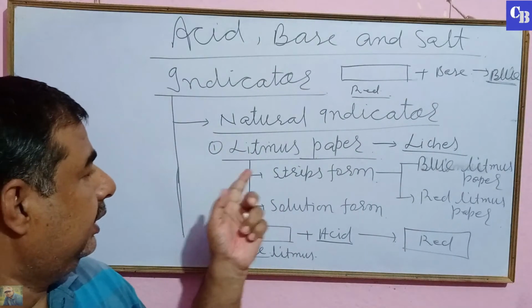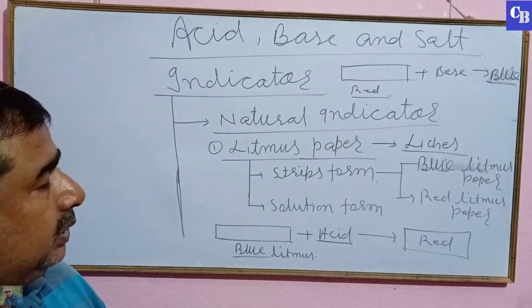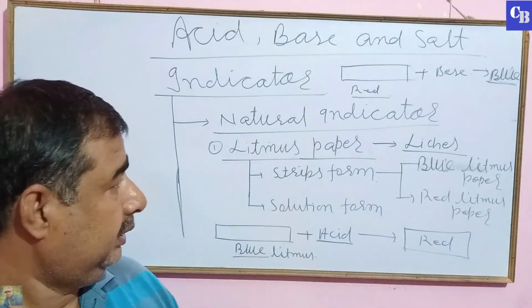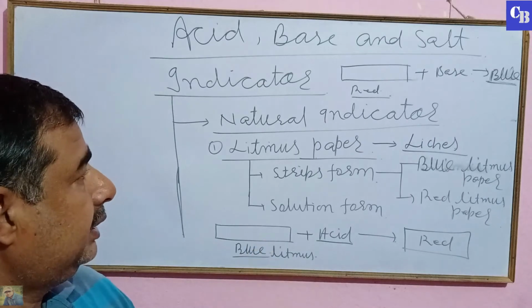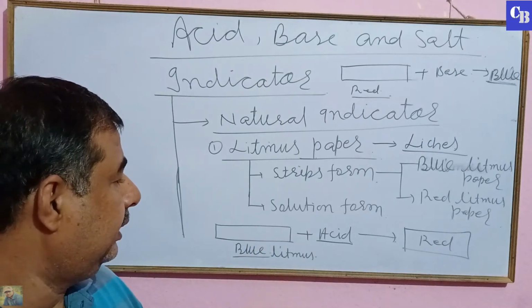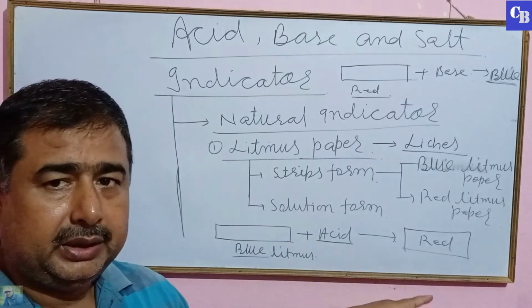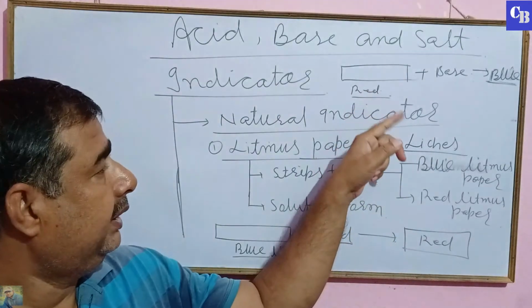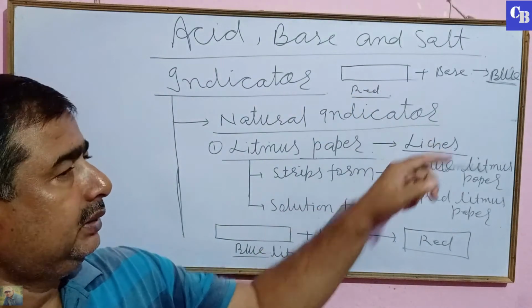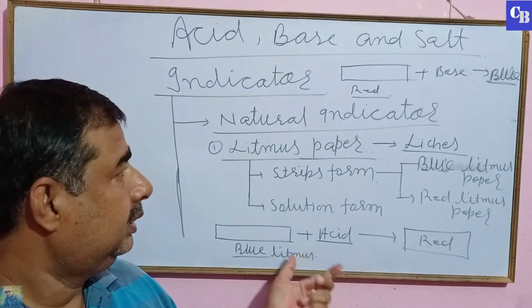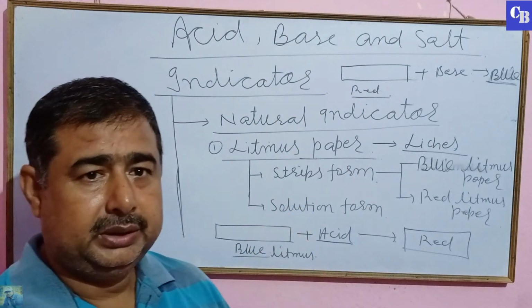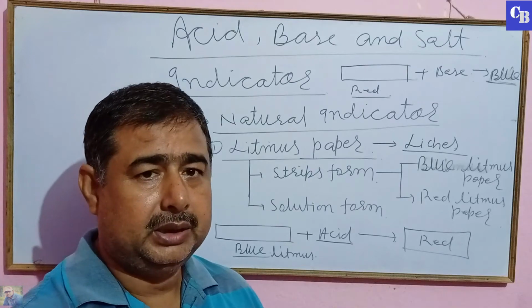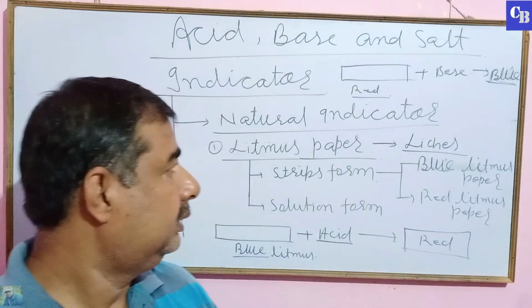Thus litmus paper tells about acid and base by changing its color. In acid, blue litmus changes to red, and in base, red litmus changes to blue. And if the color of the litmus does not change, then the given substance is neutral.